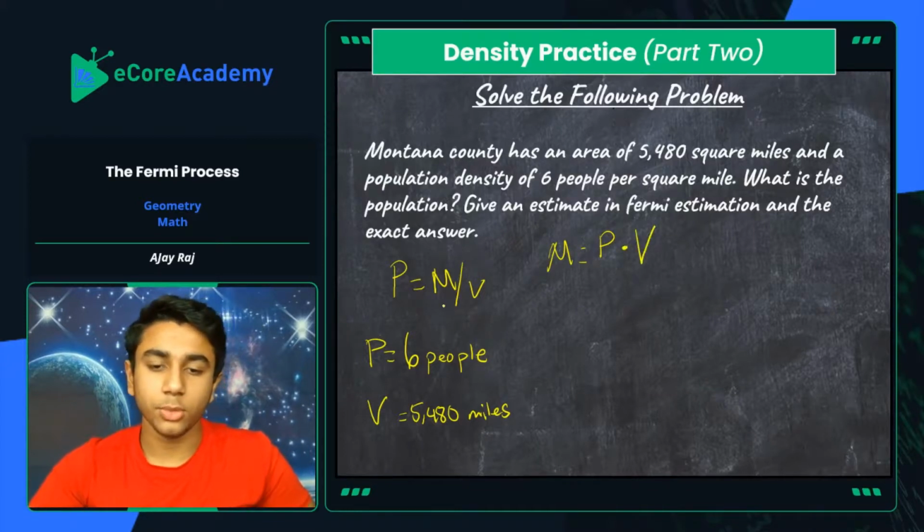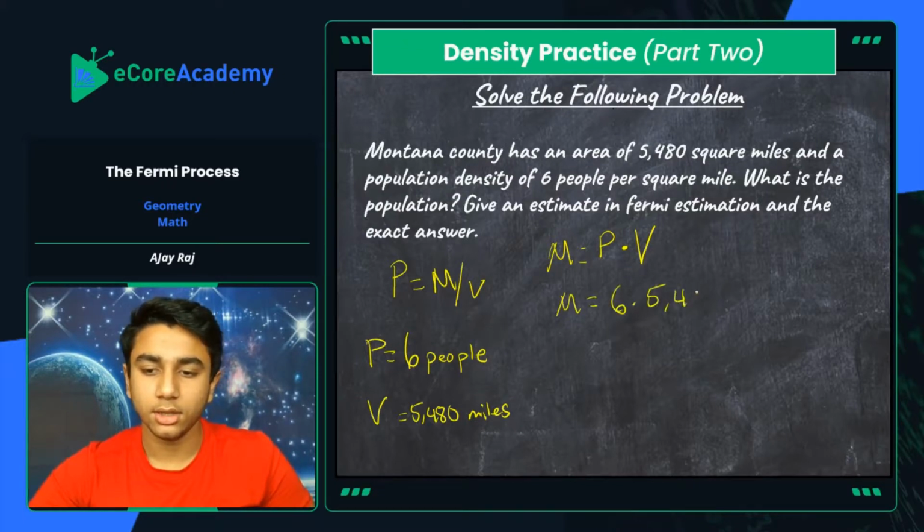If we multiply both sides by V, and then divide both sides by P, we get M equals our population density multiplied by our total amount of miles to get the total population for this given area. So M equals P times V. In this case, we're going to substitute that. So M equals 6 times 5,480.